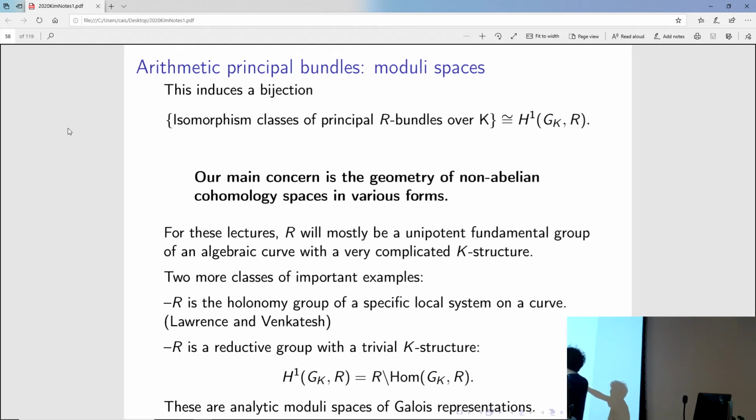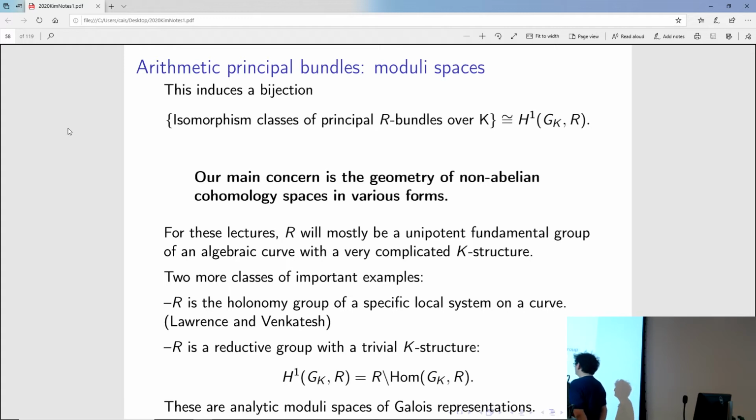For example, one important class of examples is what Bjorn already described. There's going to be a unipotent fundamental group of an algebraic curve, and that has a rather complicated R structure. The way the Galois group acts on these unipotent fundamental groups is very hard. And I'll give you a sense of how you can study such an action.